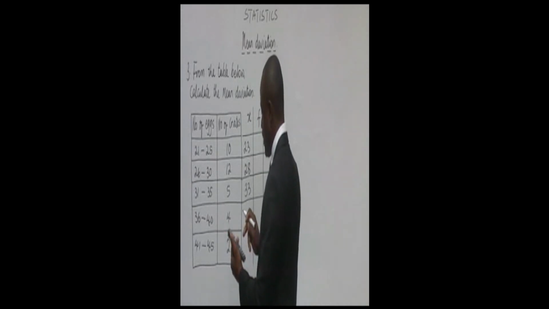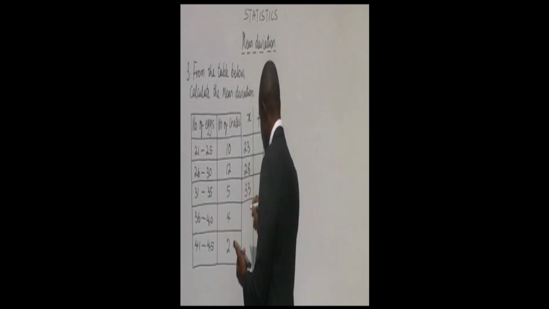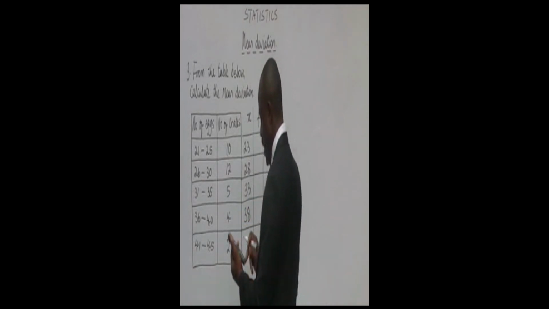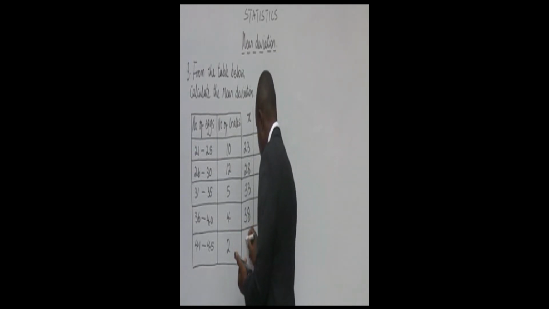The next is 36 plus 40 divided by 2. We have 38. The last, 41 plus 45 divided by 2. We have 43.